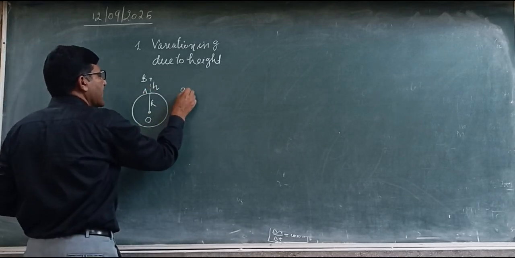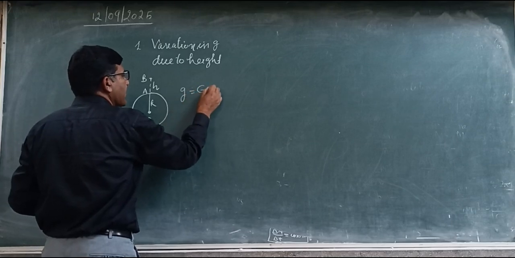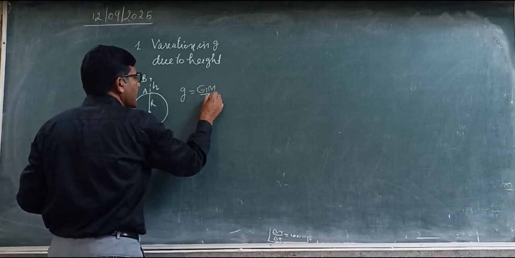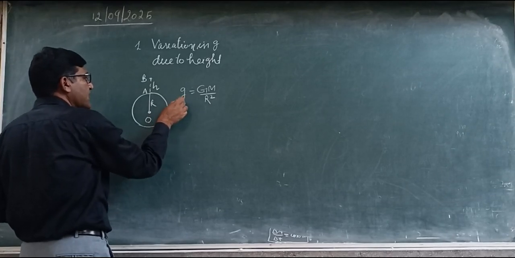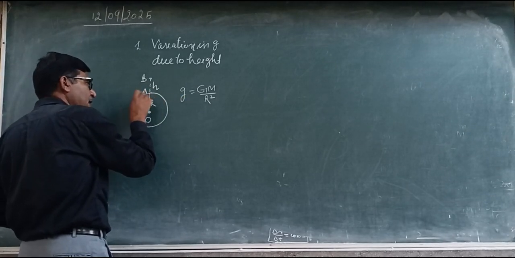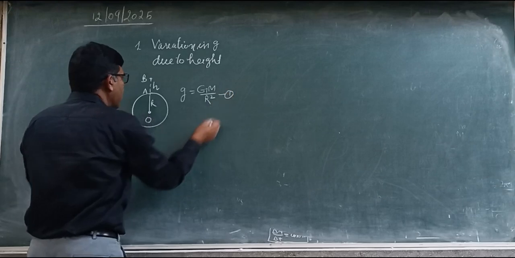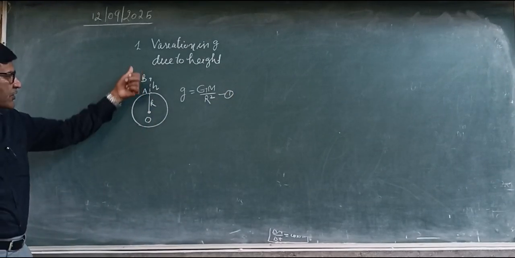Now we know the relation, that is g is equal to GM upon R square. This is the relation between small g and capital G, and let us say that this is the value of acceleration due to gravity at this point A. Then the body is taken to a height h.